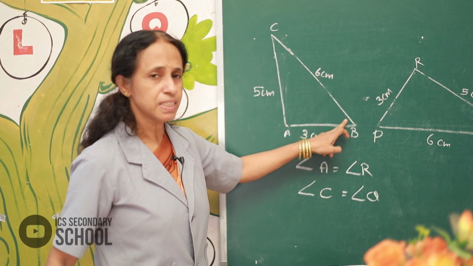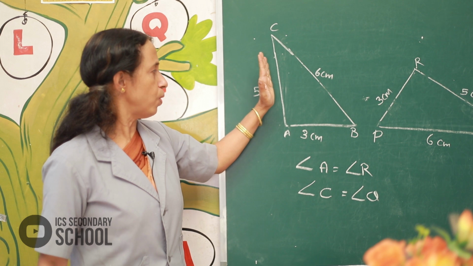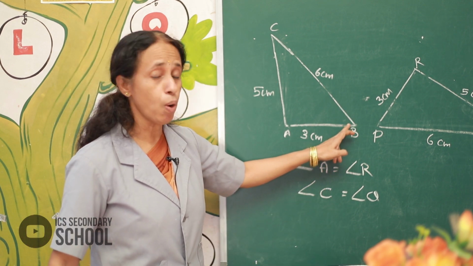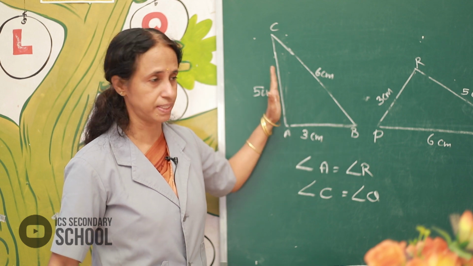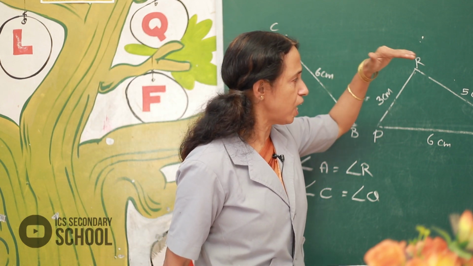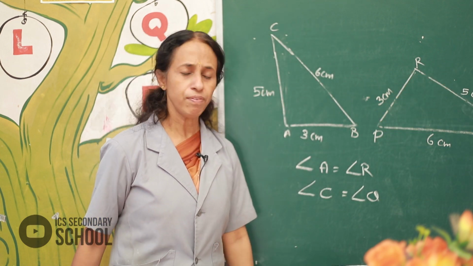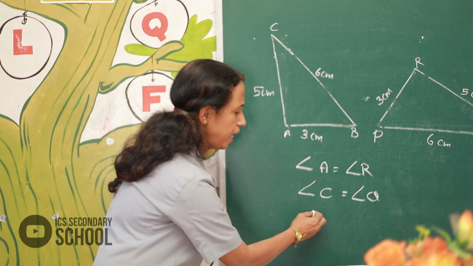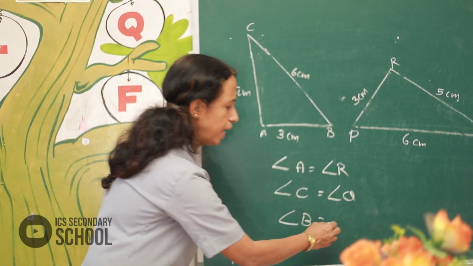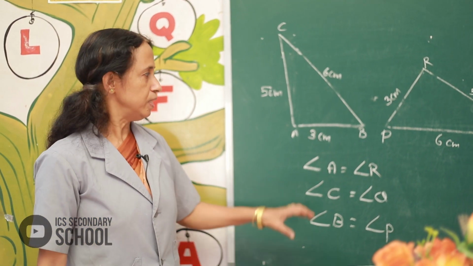Angle B is the opposite angle of the side AC and angle P is the opposite angle of the side RQ. So we can write angle B is equal to angle P.